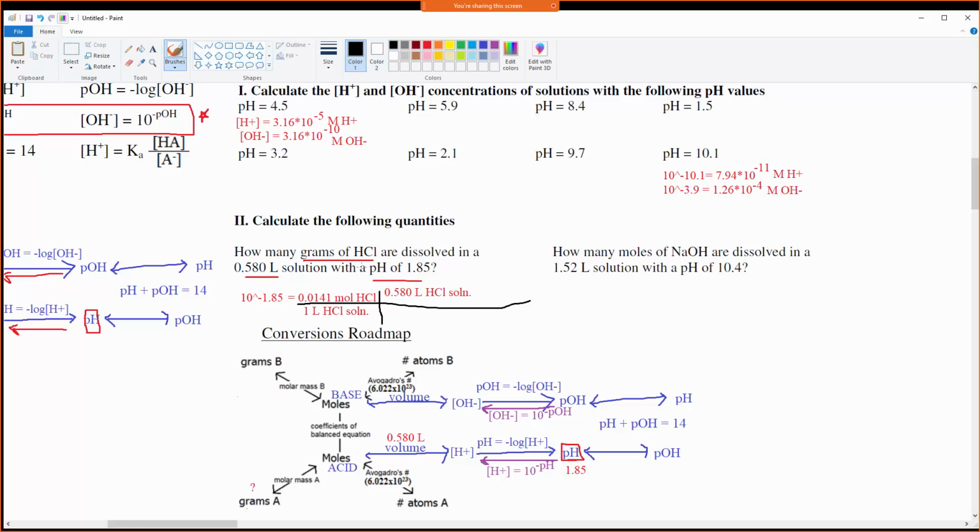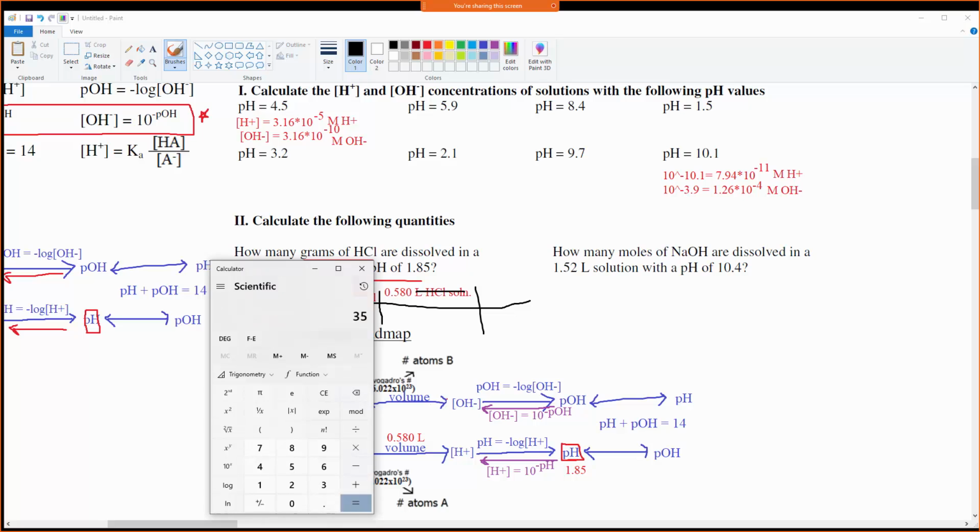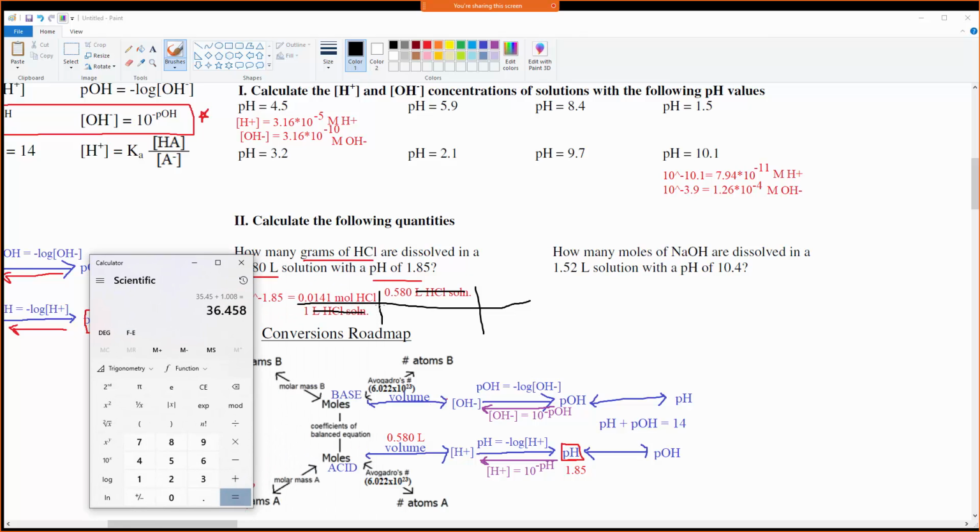And then if I do that, my liters of HCl solution cancel, and I'm left with moles. Just like I should have. I went from concentration, I used the liters, I found moles. To get to grams, I need the molar mass. And I know that Cl is 35.45 and H is 1.008. So I get a molar mass of 36.458 grams per mole. I'm going to put that on top.